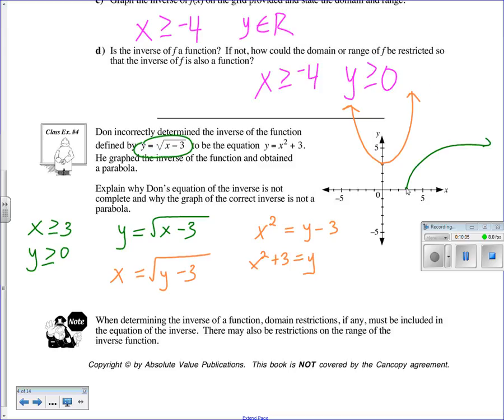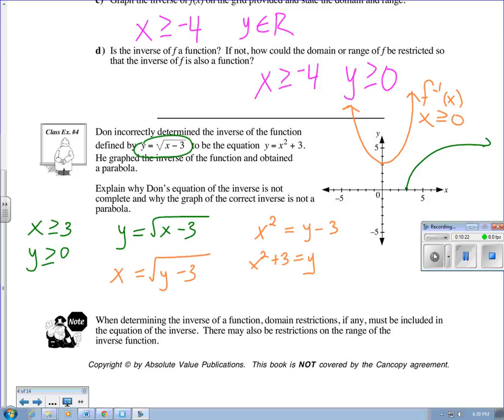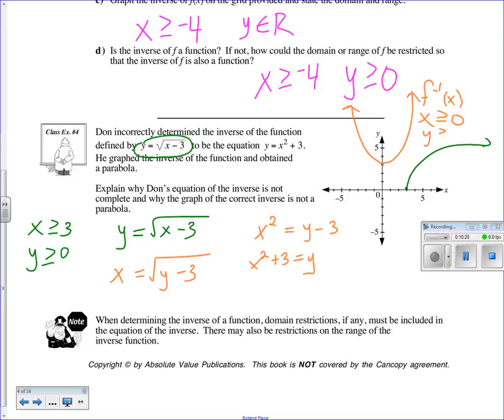So the red graph is supposed to be my inverse function, and my domain should say that x is greater than or equal to 0, and y is greater than or equal to 3.